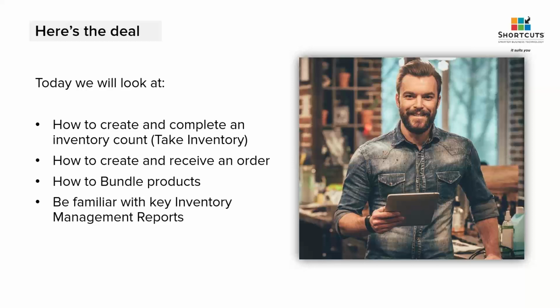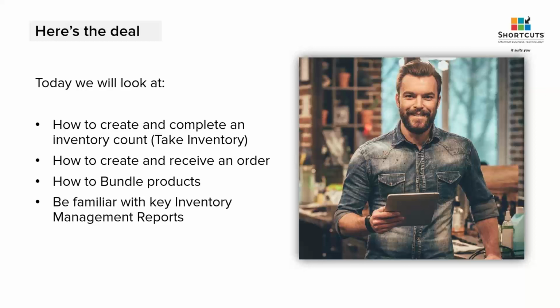So whether you're a school and you have to do a count quarterly, or whether you're a salon, a spa, or barbershop and you just do inventory once a year, you should know the proper steps. If you're using Shortcuts to track your inventory, you should absolutely know how to order and how to receive inventory in the system so that your reports are accurate and you actually know what the business is going through.